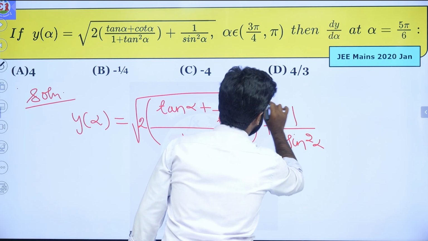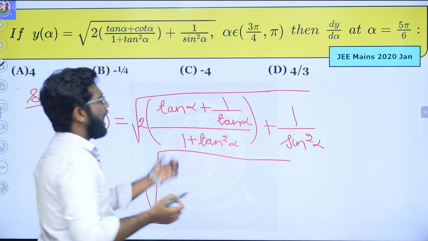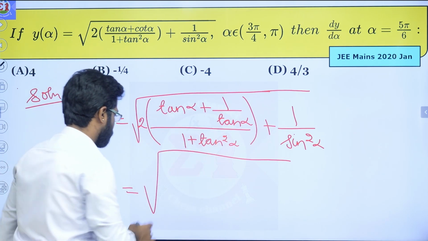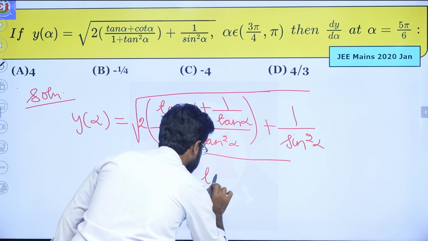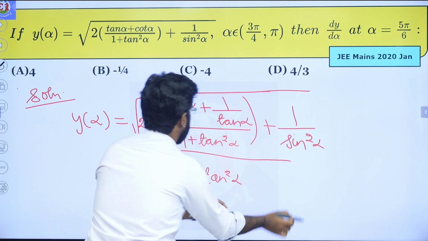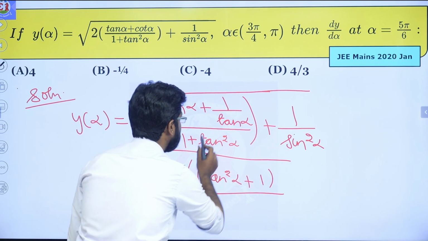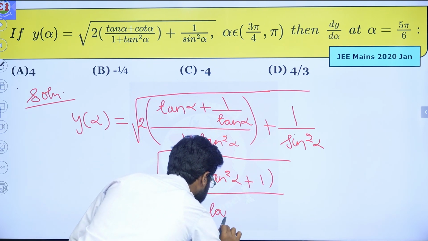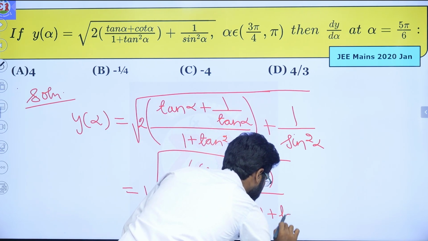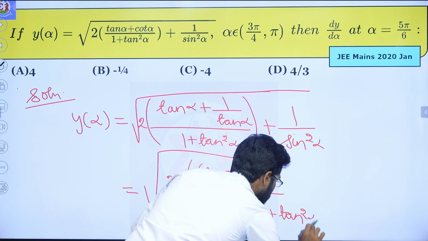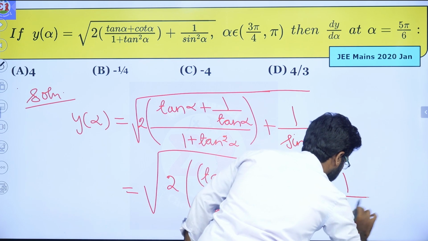We will also convert this term, my dear students. Let me show you. The next step, now we have to take the LCM for this one. So 2 into, if we take LCM, it's tan square alpha plus 1 divided by tan alpha, into 1 plus tan square alpha, plus 1 by sin square alpha.